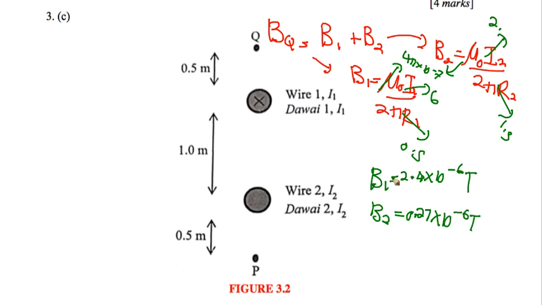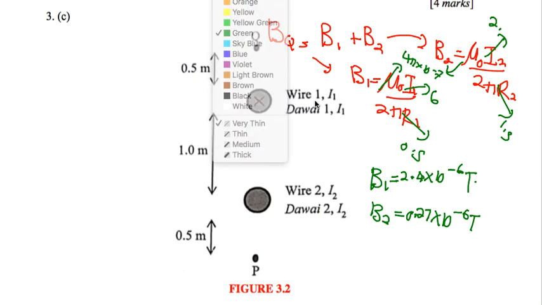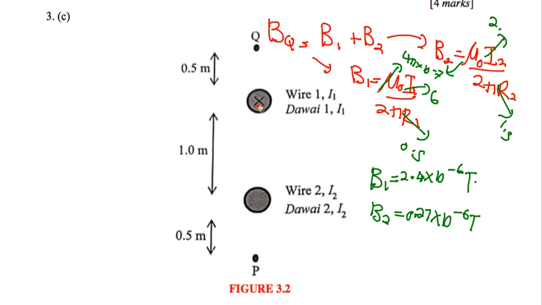Now you have two B's, B1 and B2, at the point Q, but what about the directions? For B1, use the right hand: the direction of I is upward, so your thumb points upward, and the B produced by wire 1 goes to the left.